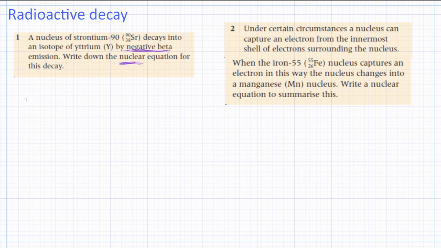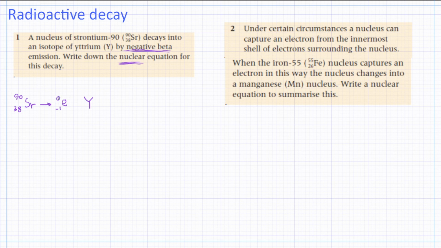So how does it work? Well, first we have strontium 90, 38. And let's say that I don't know what's going to be here. Well, I know that it's yttrium, okay? And since it's negative beta decay, I'm shooting off an electron.